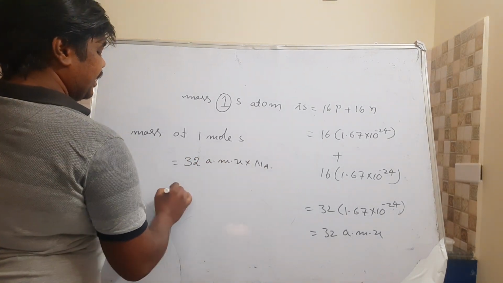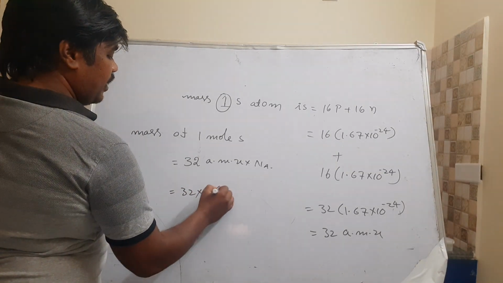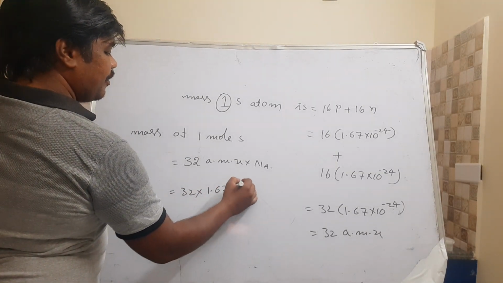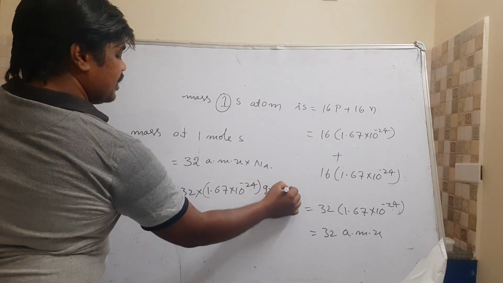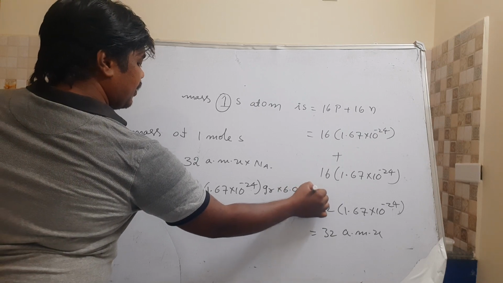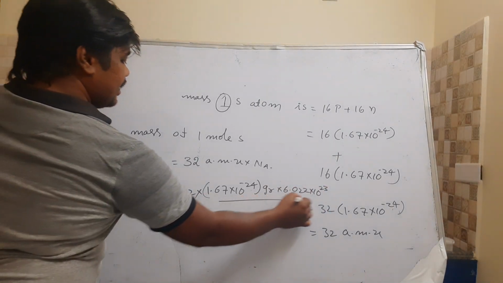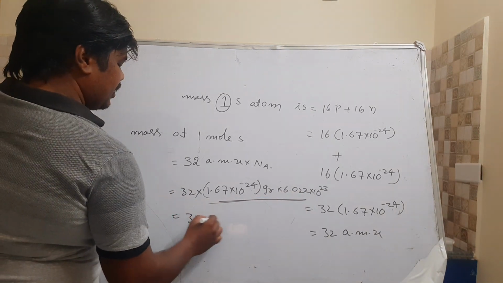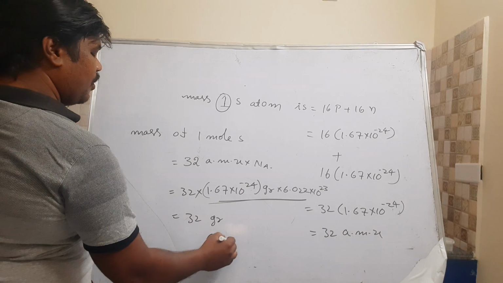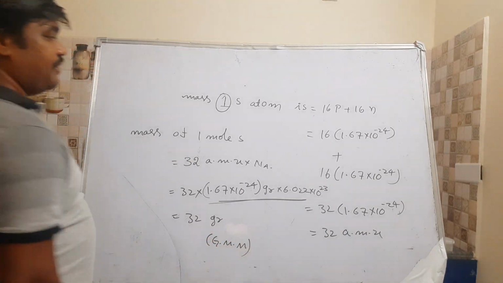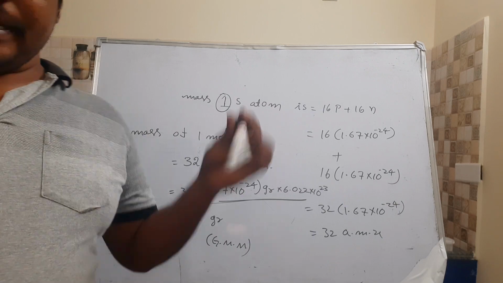AMU in the sense of how many grams: 1.67 into 10 to the power of minus 24 grams into 6.022 into 10 to the power of 23. This calculation is equal to 1. So it is 32 grams, students. This is the gram molar mass of sulfur.